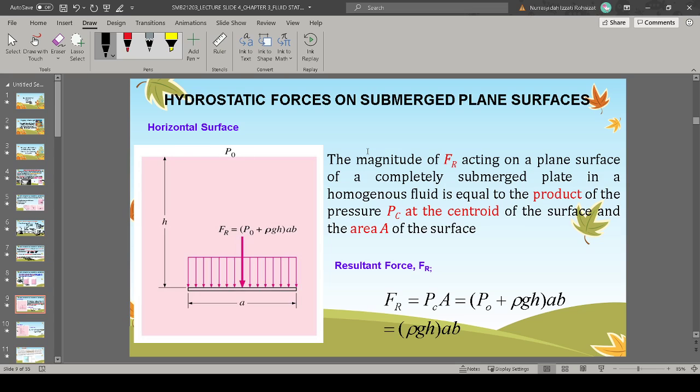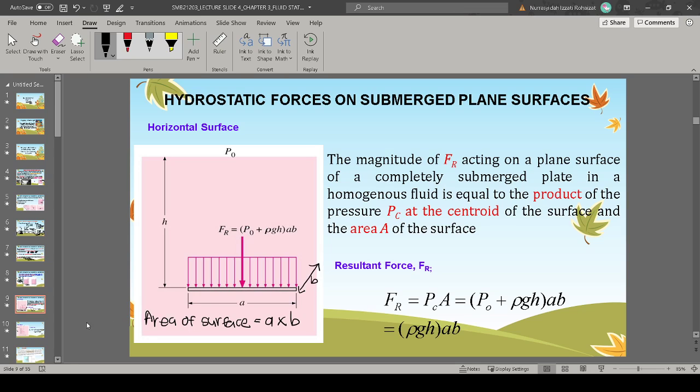Okay, for the first case, we have a horizontal surface. FR will be acting at the centroid of the surface, which is in the middle, right? On a surface of area, like I said, this is the side view, so the area of the surface is A times B. You don't see A because B is that way.